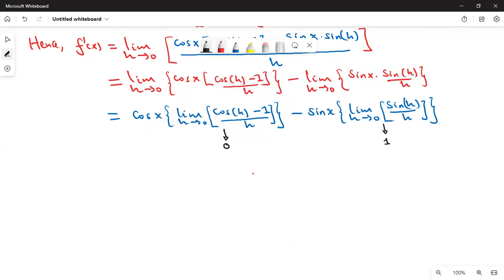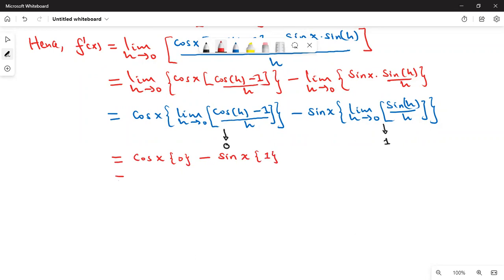So that what we have here is that f prime of x is now cosine of x times 0 minus sine of x times 1.